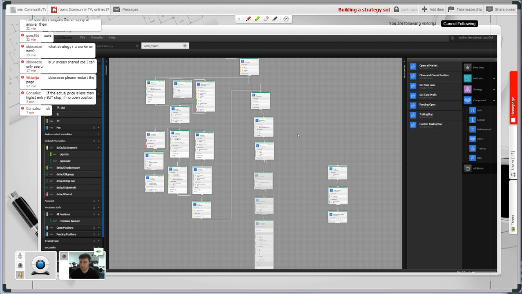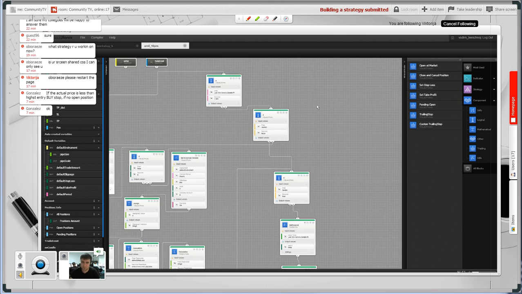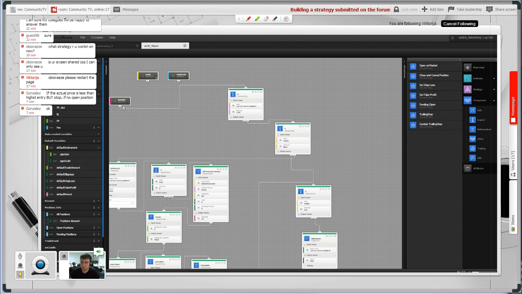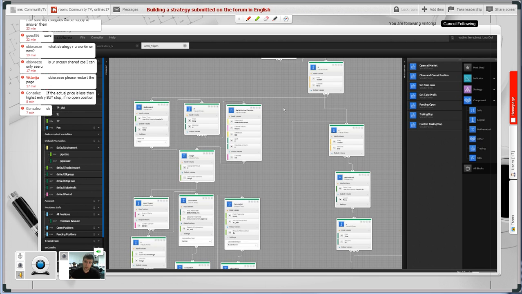I'll describe it from the beginning. We work on candle event. If last closed candle is 1 minute, then we check if our strategy is on or off. If it's off, we initiate starting procedure. Here we calculate highest high, and before that we check if it's 6 AM exactly.